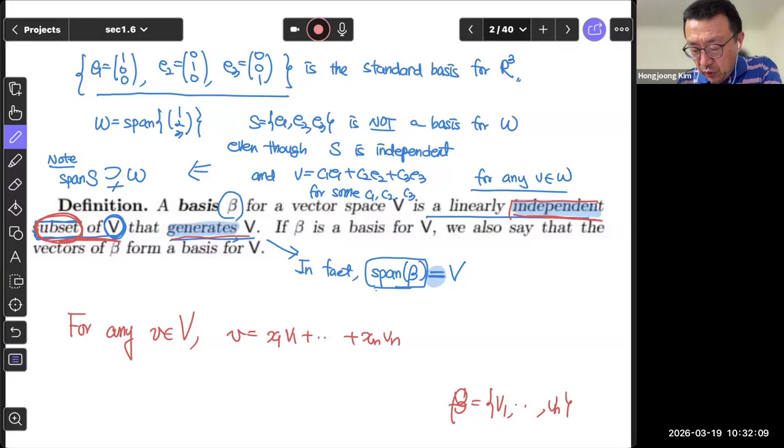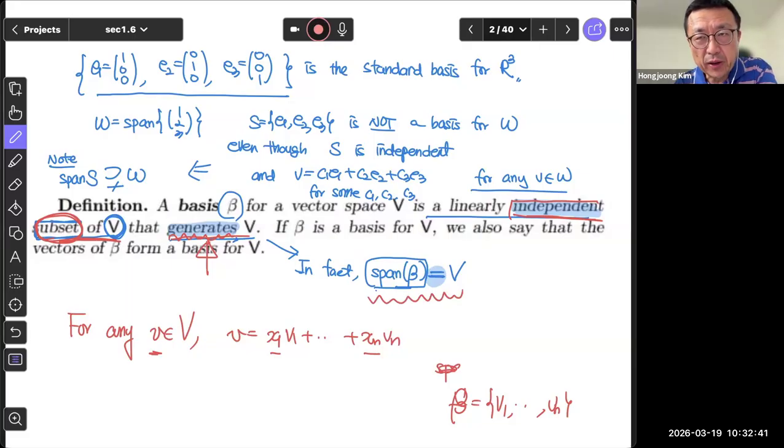Such numbers x1 up to xn exist because this set generates V. When I choose any vector from V, that vector can be written as a linear combination of the vectors in beta, because the span of beta equals V.